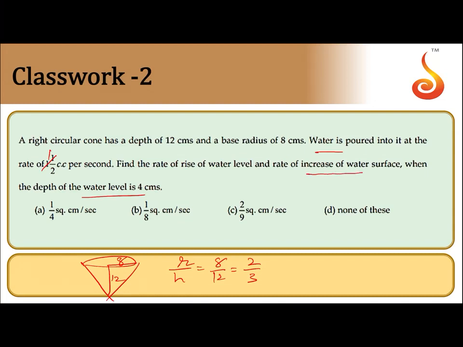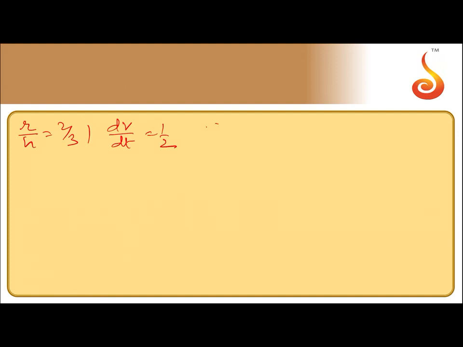And what is the increase in the water surface? Of course, in the cone, the water surface will be in the circular form. Therefore, water surface area dA by dt is how much when H is equal to 4 centimeter, right?